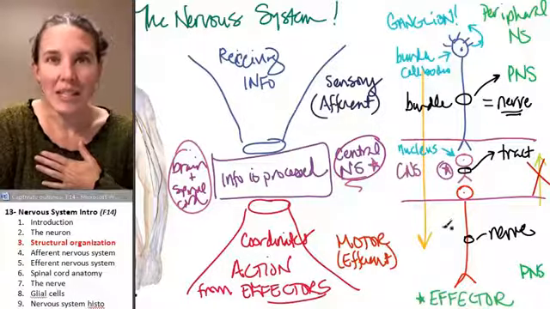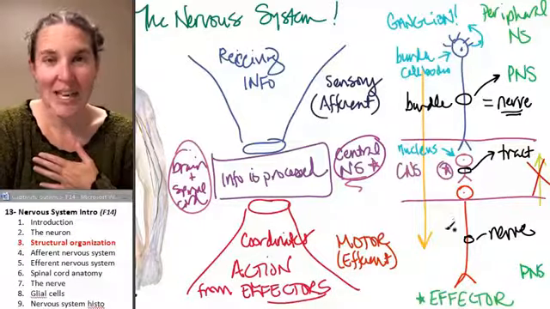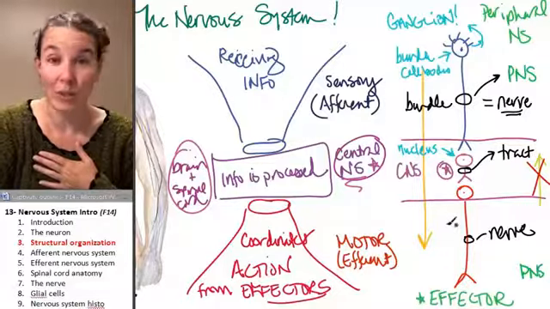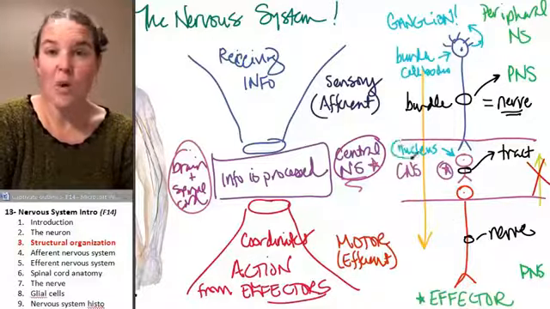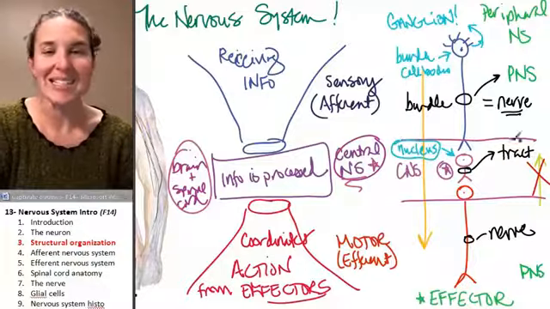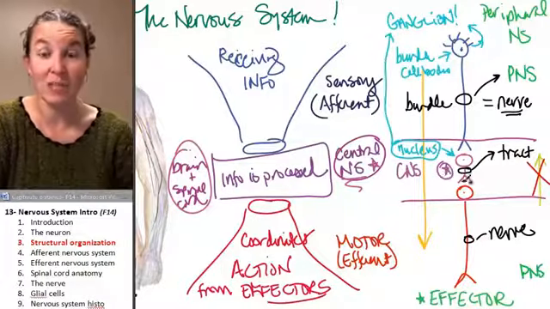A nucleus in the central nervous system contains many cell bodies, and each cell body has its own nucleus. So this is different from the organelle nucleus. This is actually a structure. It's exactly the same thing as a ganglion. It's just found in the central nervous system.